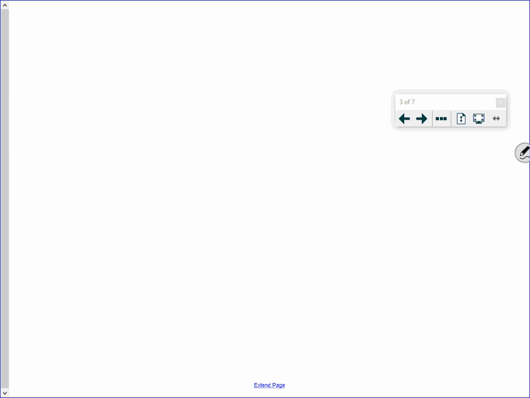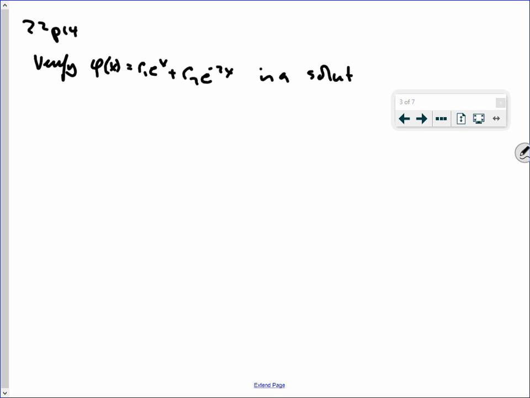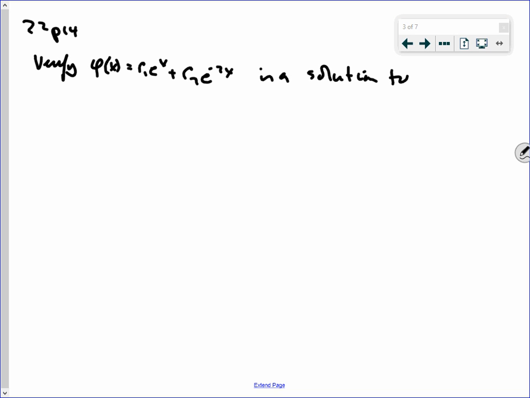I'm not going to do the whole thing on number 22. The first part is to verify that phi of x equals c1 e to the x plus c2 e to the negative 2x is a solution to, this is a two parameter family because you got your two constants, this second order DE, the second derivative of y with respect to x plus the first derivative of y with respect to x minus 2y equals 0.